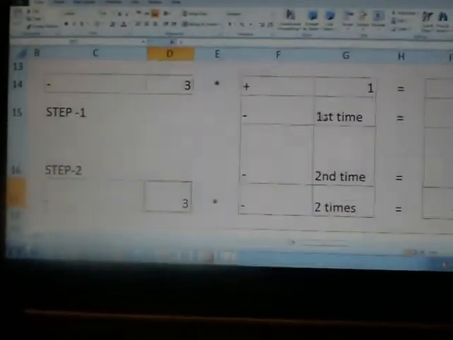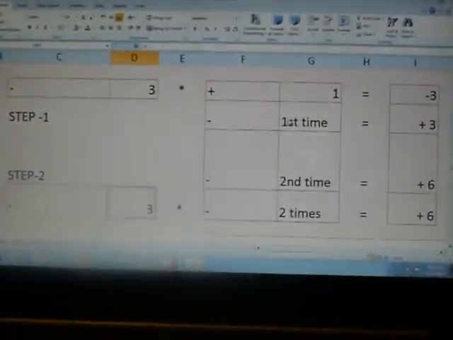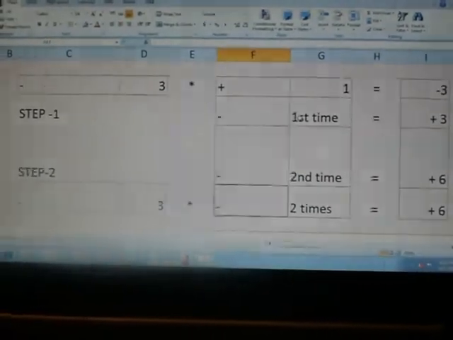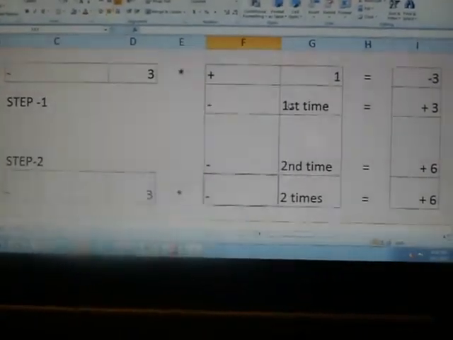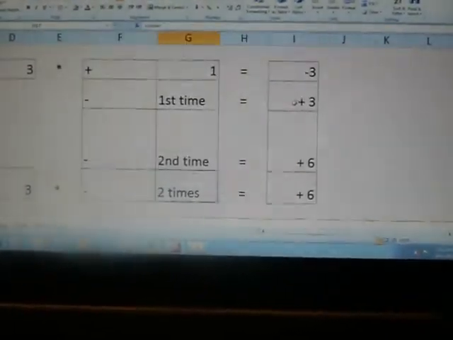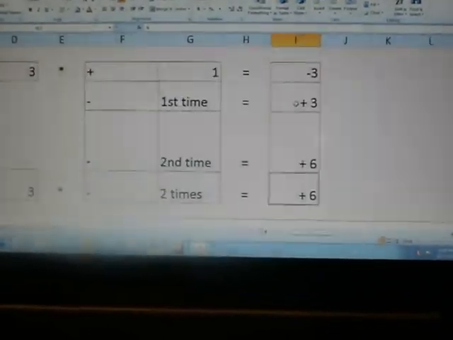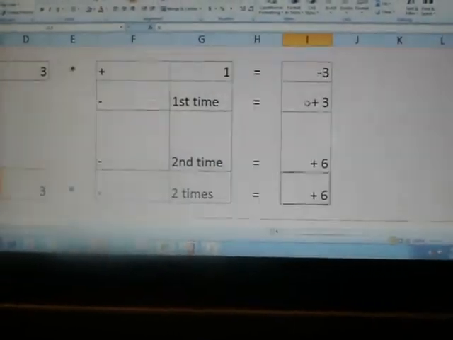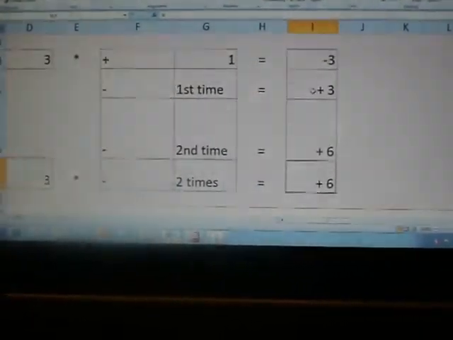So step 2, if you do the same second time, you will reach plus 6 miles. So traveling 3 miles towards office in the left direction, that is minus 3, if you do the same in the opposite direction 2 times, you will reach plus 6 miles from home towards school.